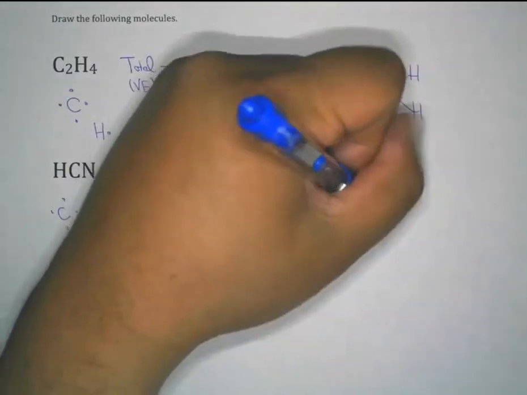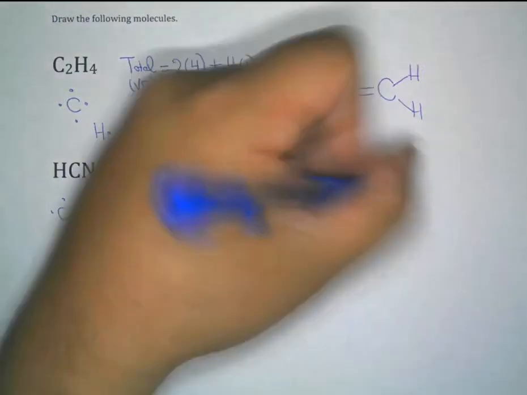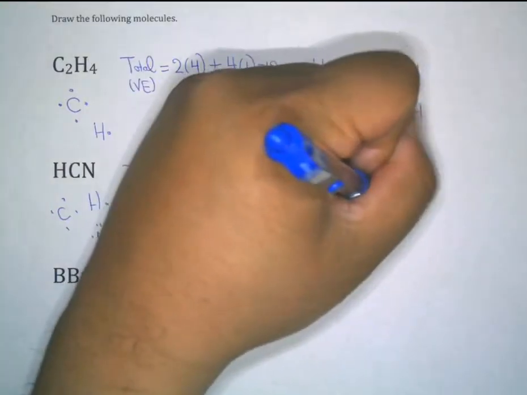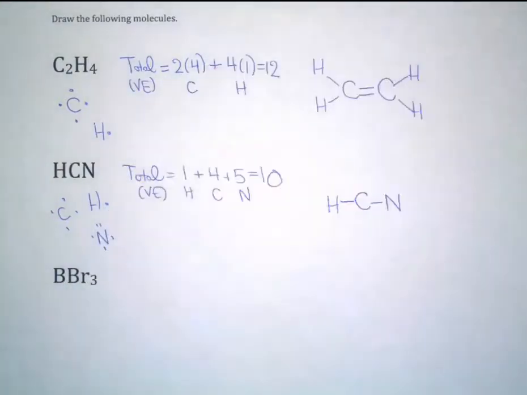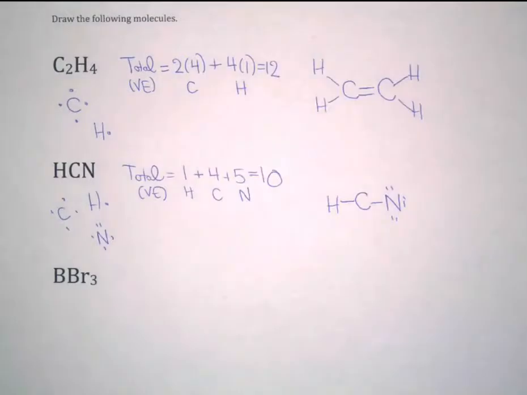With C as the central atom, first make a chemical bond between H and C, and then one between C and N. Complete the octet by adding 6 dots per N atom. Note, H can only form a duet or 2 total electrons around the atom.